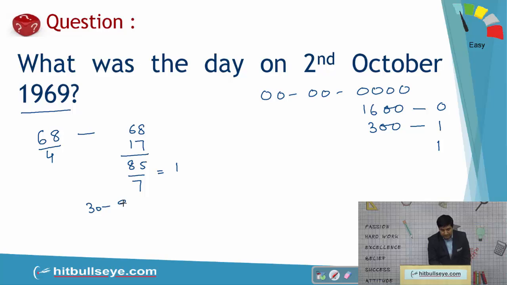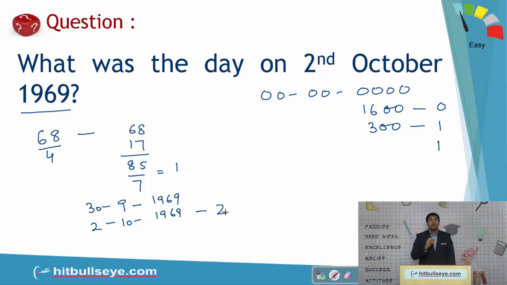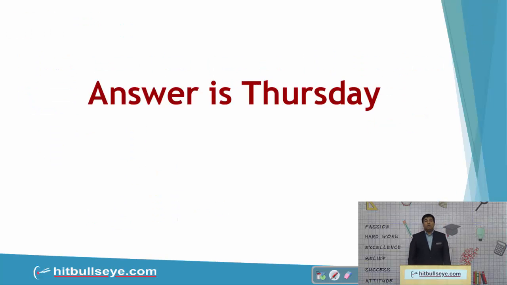After 30th September 1969 up to 22nd October 1969, we have 22 days, which gives 1 odd day. Adding to our total of odd days, it becomes 4. So the fourth day, as we looked in the previous table, was Thursday, hence the answer.